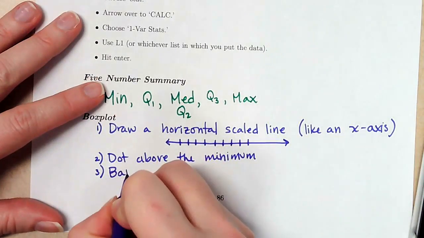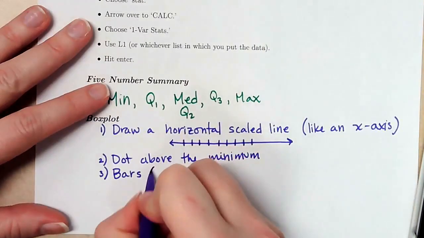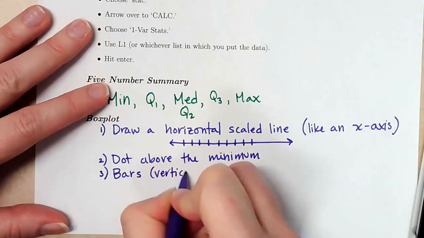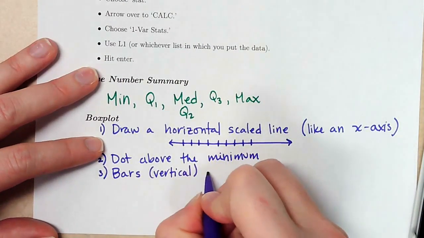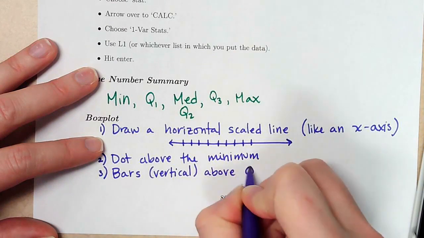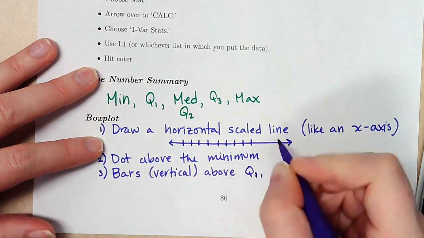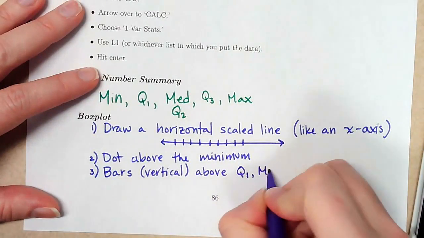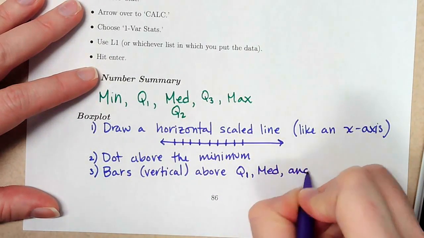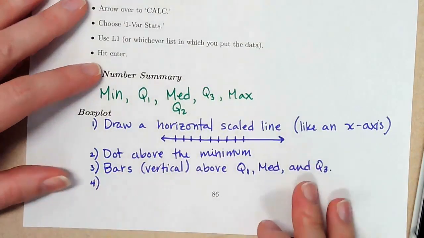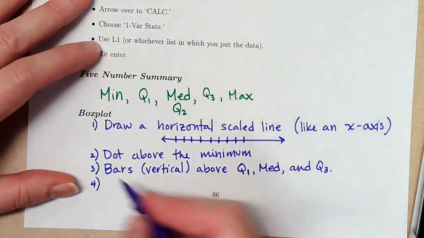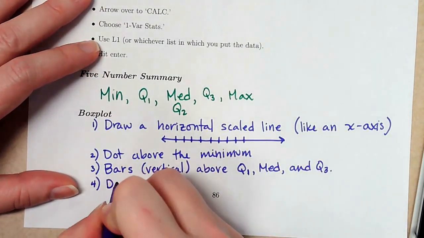Maybe I should say bars standing up straight at or above Q1, Q2 or the median, and Q3. The next step is put a dot above the maximum.